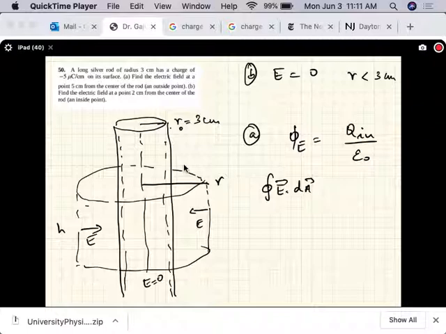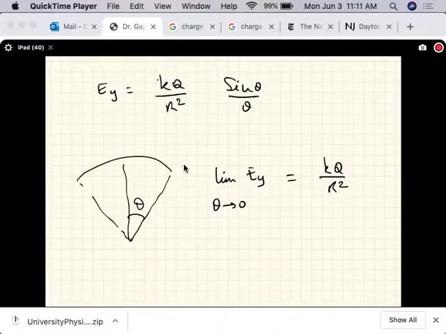So this is equal to E times 2 pi r h, and the flux is negative because the lines are going into the surface.